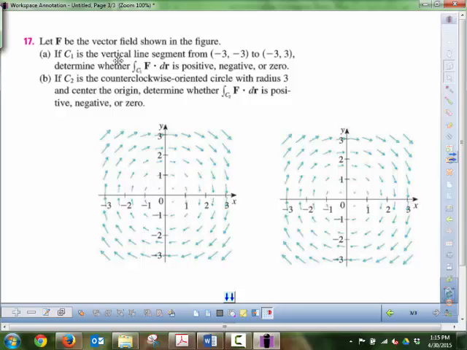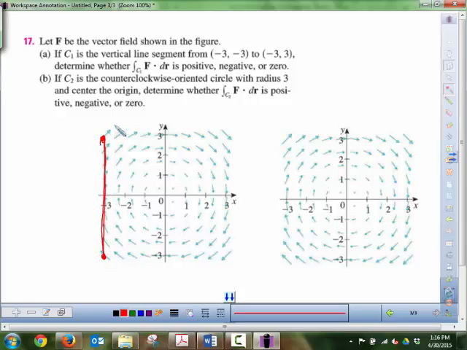If C1 is a vertical line segment from (-3, -3) to (-3, 3), determine whether this line integral is positive, negative, or 0. All right. So let's draw our curve segment from (-3, -3), that's down here, to (-3, 3), that's up here. So we want to know what happens to these things.